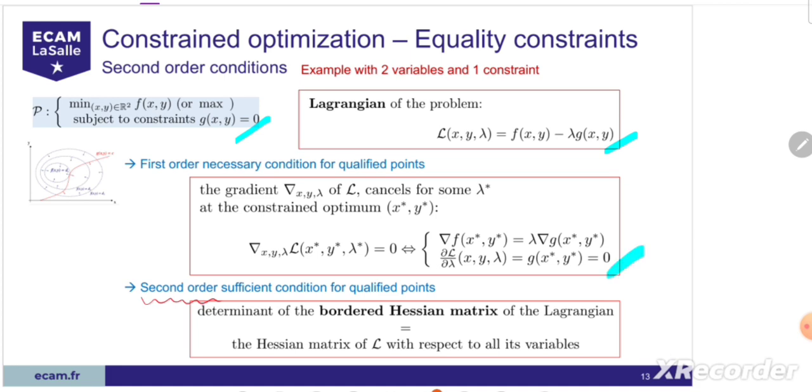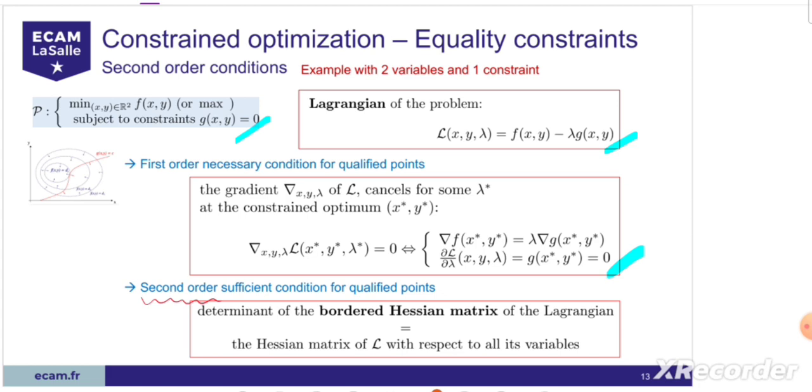We look for qualified points and unqualified points, and we solve the first order condition for the qualified points, so the gradient of your Lagrangian is equal to 0.